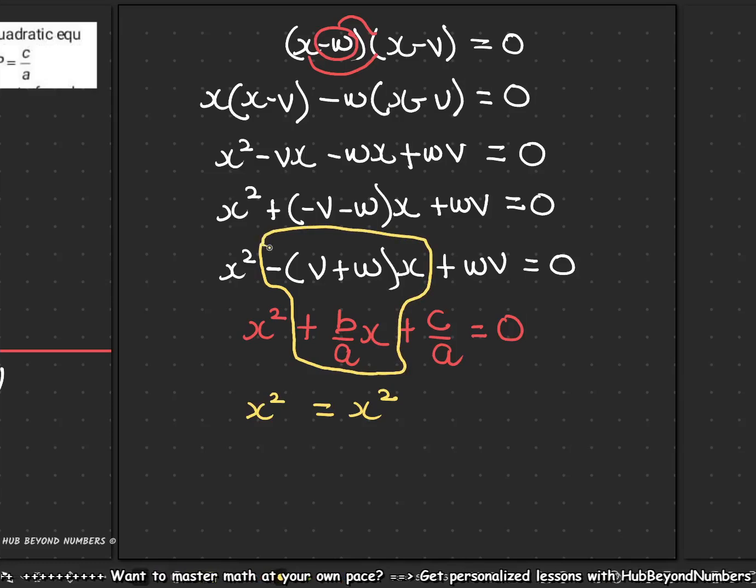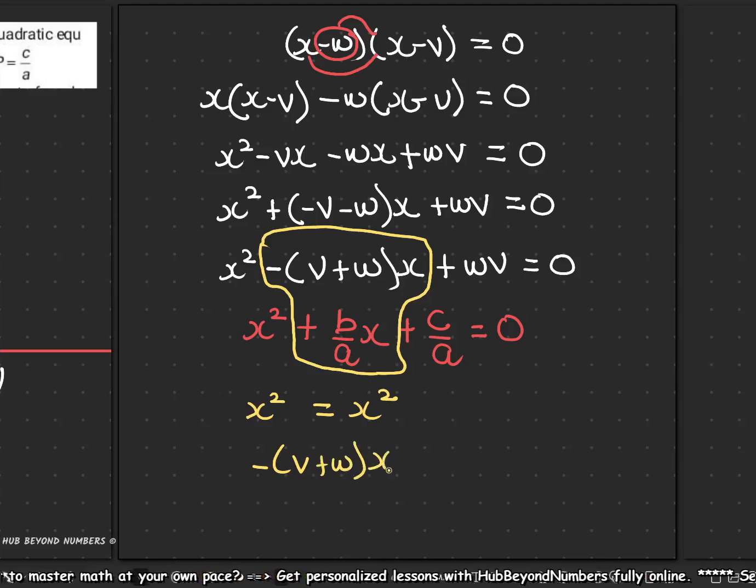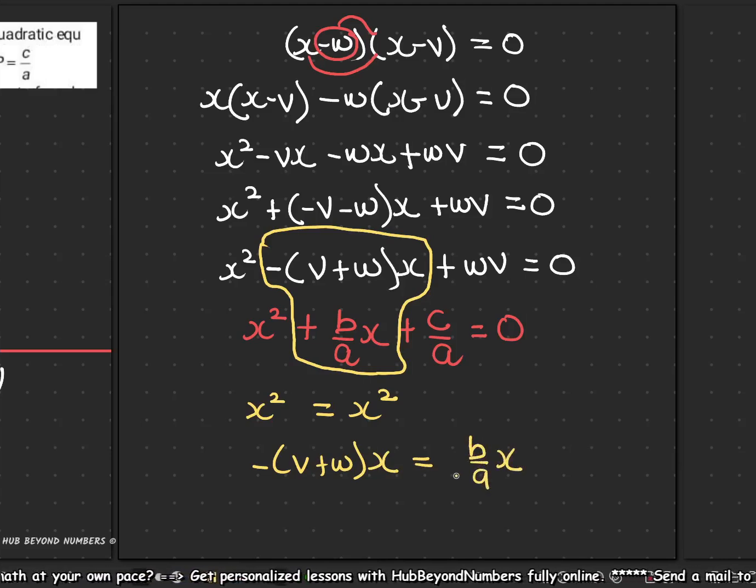If you have to compare the next term, then we can also say that negative into bracket v plus w with our x is equal to what? B over a x. You see? And at the end of the day, we can choose to cancel out the x, because if you are dividing both sides by x, we are going to cancel them out.